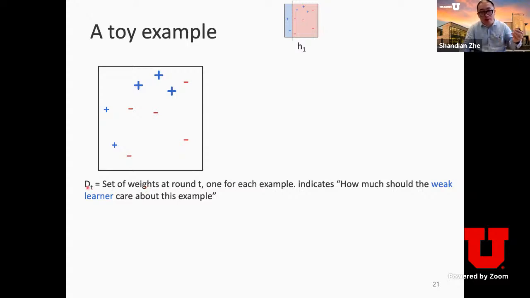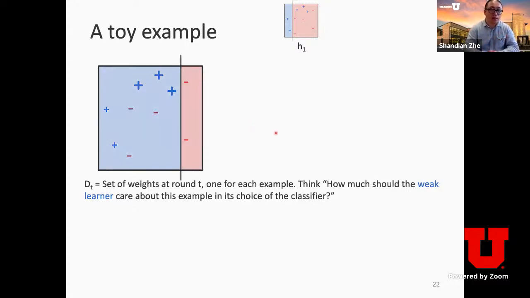We denote it by dt. So dt is a collection of the sample weights, one for each example, indicating how much the weak learner at this round should care about this example. So the larger the weight in dt, the more important the new classifier will view those examples.